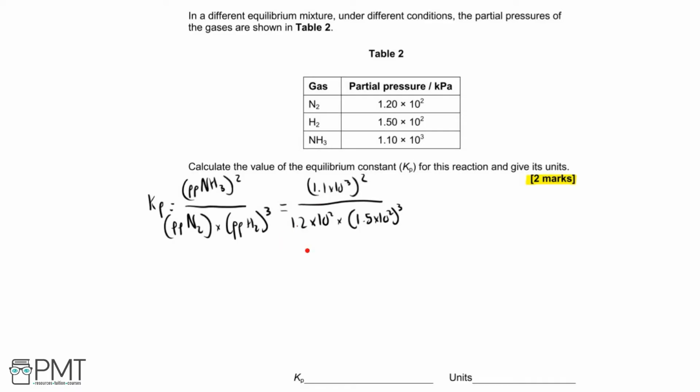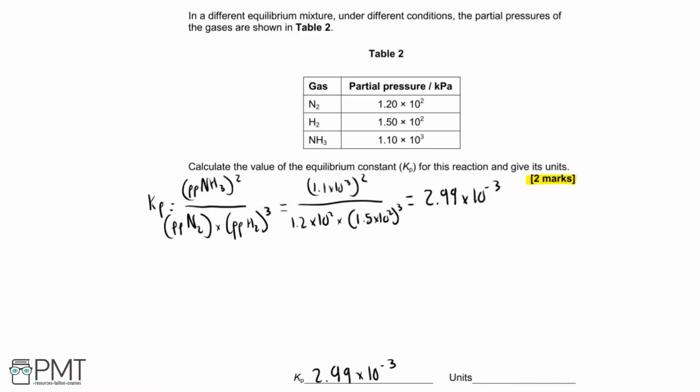So then plugging this expression into a calculator is going to give a final answer of 2.99 times 10 to the minus 3. This is to 3 significant figures, which is an appropriate level of significance to be working to. So now that we've got this figure, we can write it in our answer. 2.99 times 10 to the minus 3.